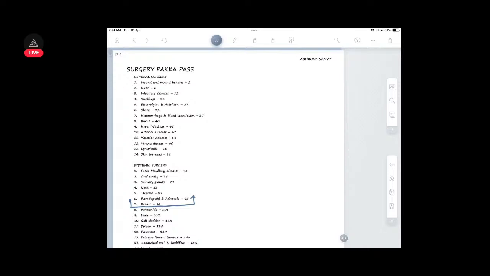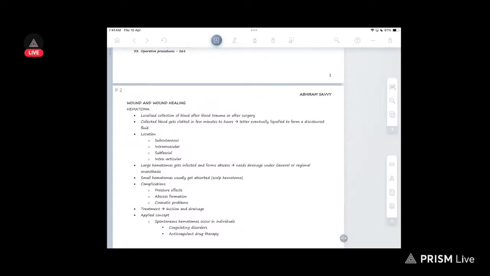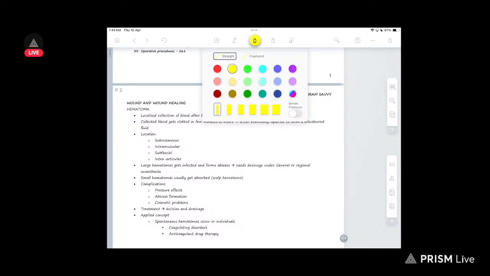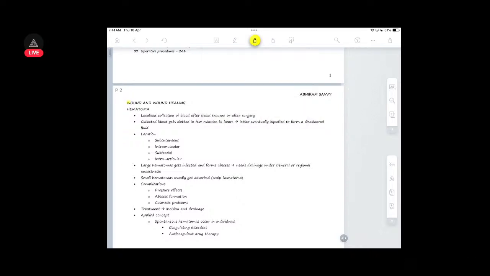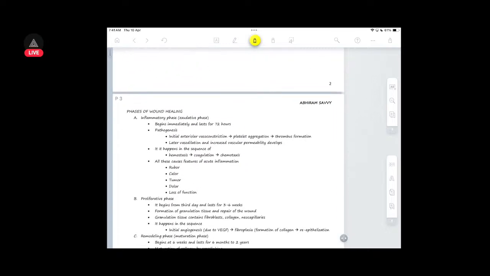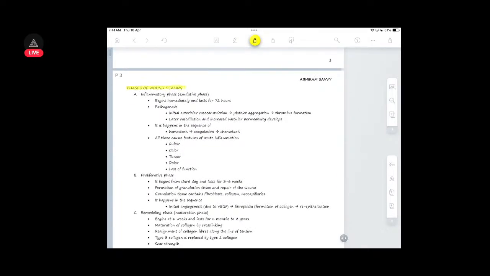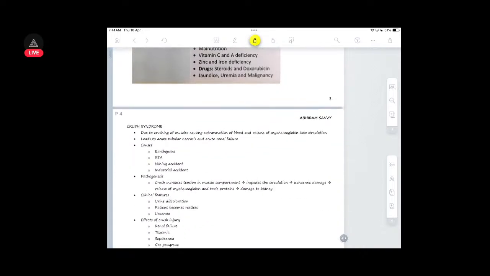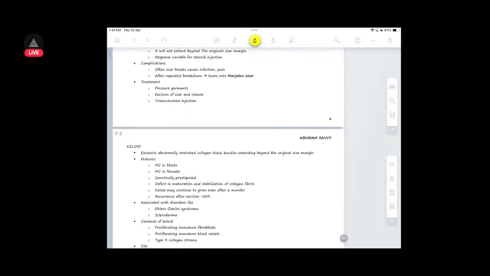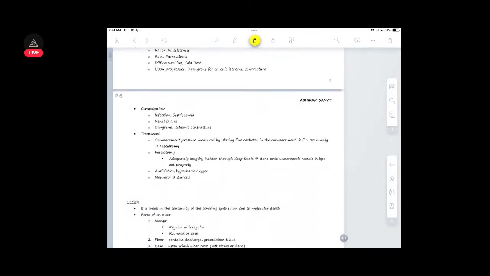So these are all the topics that are there in surgery, and the first chapter is one of the most important ones: wound and wound healing. So we talk about hematoma. This is important, and phases of wound healing. This is also important. Crush syndrome, not that much. Hypertrophic scar, keloid, compartment syndrome.